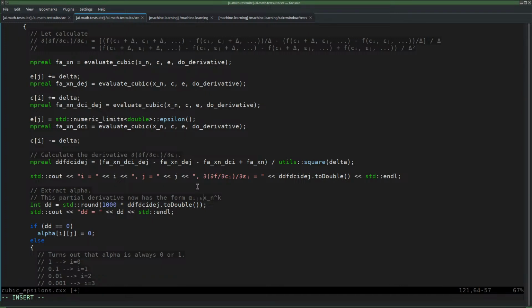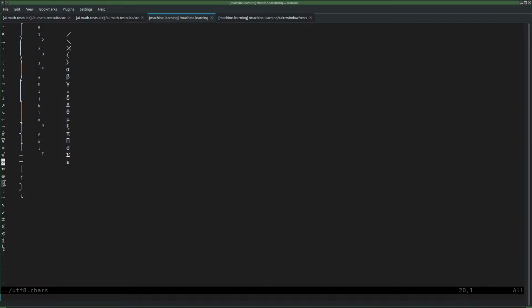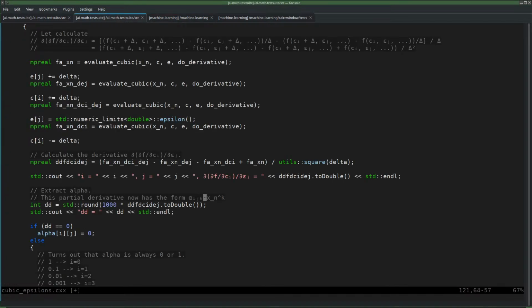Okay, so it gets slightly tiresome to scroll up and down, so just copy it from here. Integer, thank you very much.